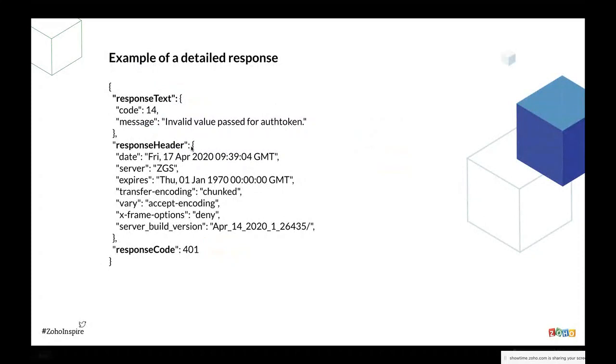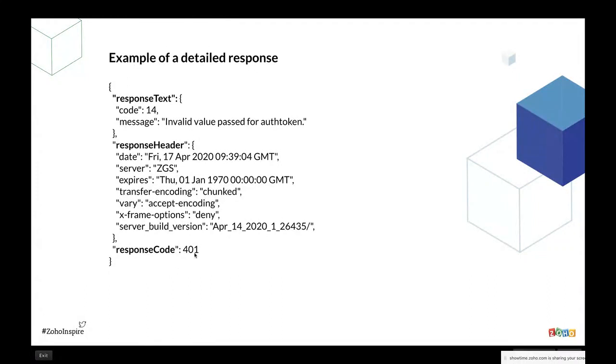Response header: just as we can set request headers, we can also receive response headers. The website can send us headers in the response. And then there is a response code, which in this case is 401.